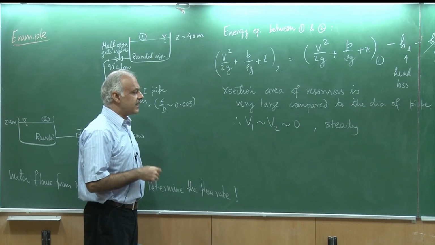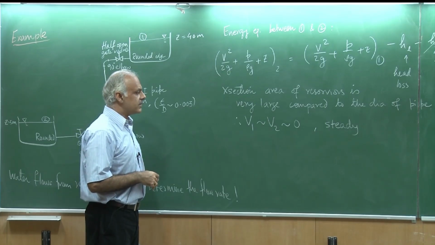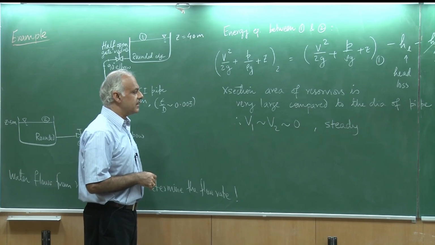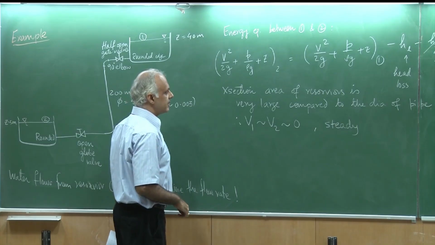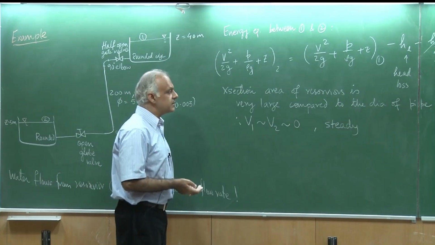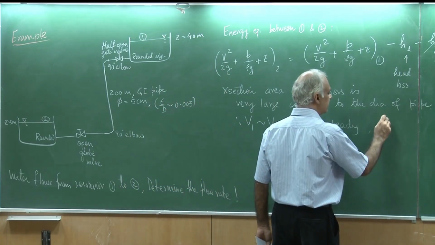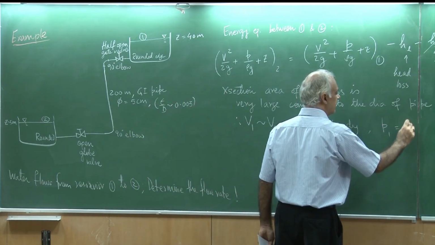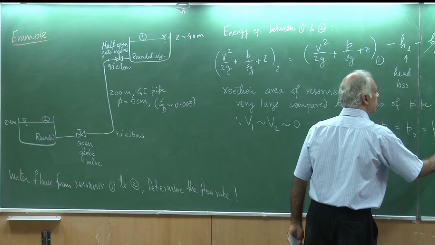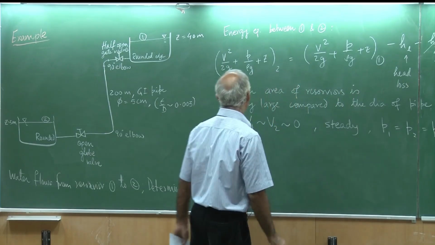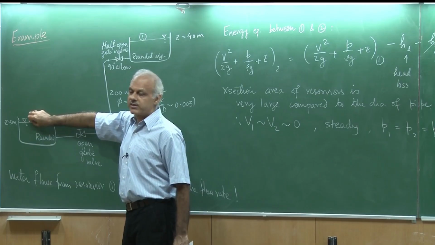But we will still say that that rate is so small that at least in a quasi steady assumption, we should be able to apply this equation. Okay. The flow is of course incompressible, and the free surfaces, so P1 is actually same as P2, and there is atmospheric pressure. So, atmospheric pressure on the free surface 1, atmospheric pressure on free surface 2.